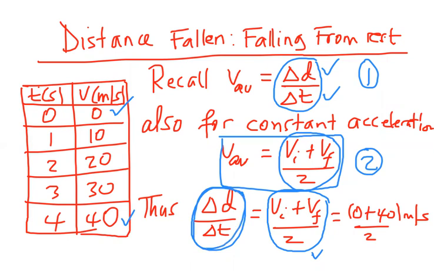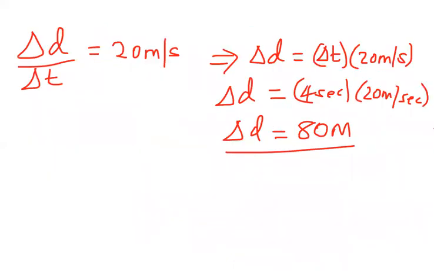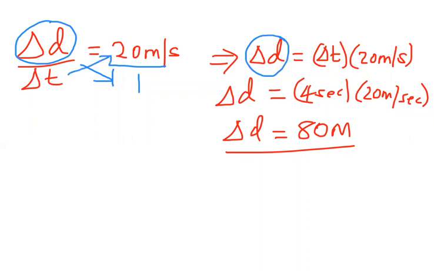Then that will give me how far the object has fallen. So the change in distance, delta D, is the how far. Divided by the change in time is 20 meters per second. I can also put a 1 under the 20 here. If I cross multiply, 1 times delta D is delta D, and change in time times 20 meters per second gives me this result.